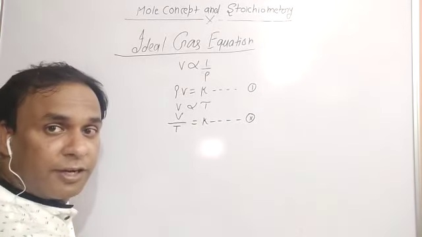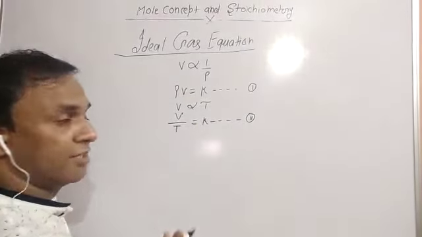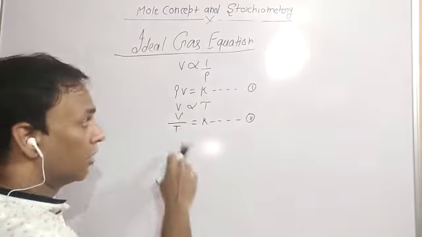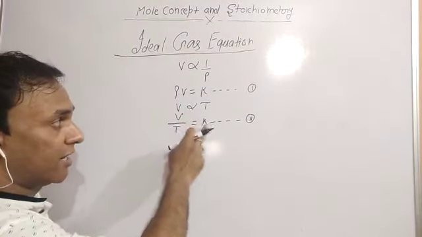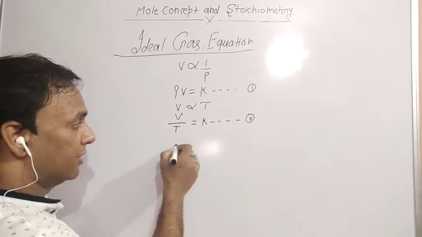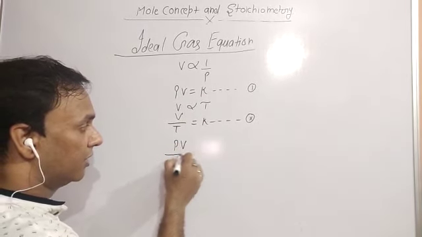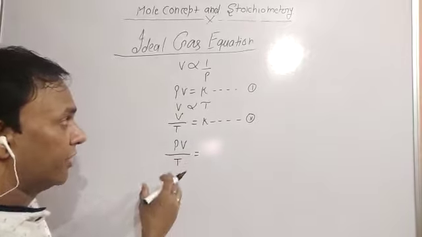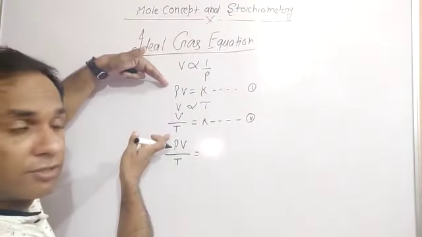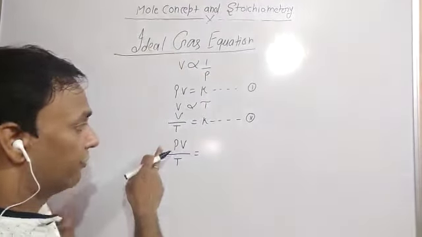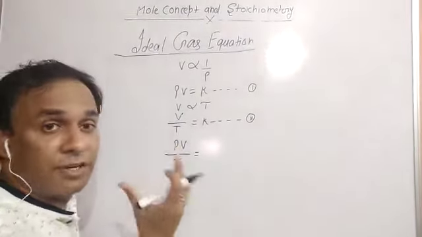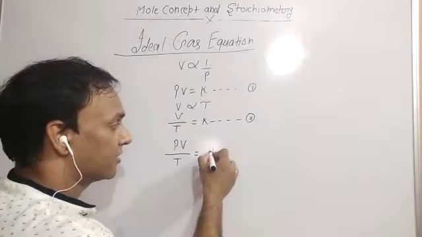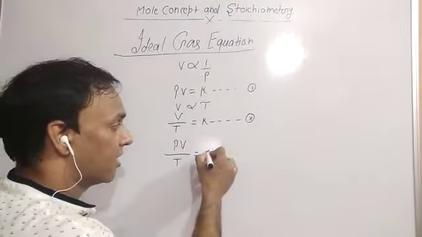That is the second equation. When we combine these two equations with respect to the constant, we find pressure, volume and temperature, and this relationship introduces a new constant, R.